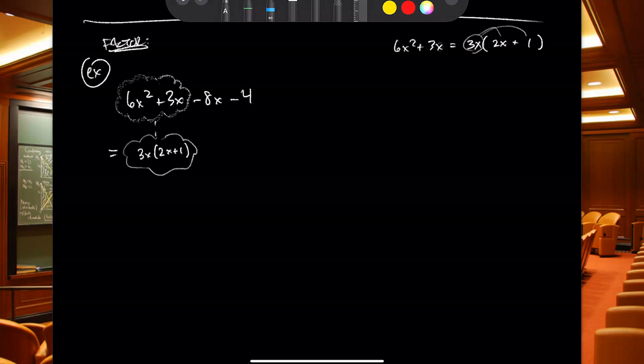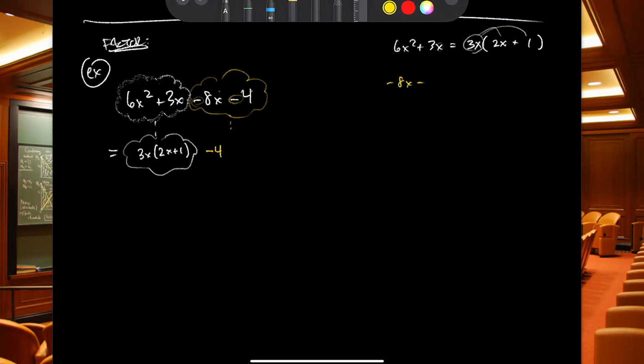And then over here on this second group, what must have been distributed? Well, there's only one x here, so we know it will only be in the number part. It looks like both of them got a factor of 4, and not even a factor of 4, but a factor of -4, because they're both negative. So we could pull out a -4 and see what happens. If I pull out a -4, what would I be left with?